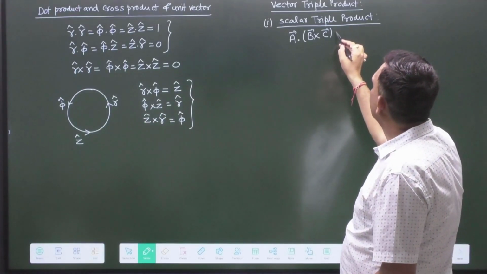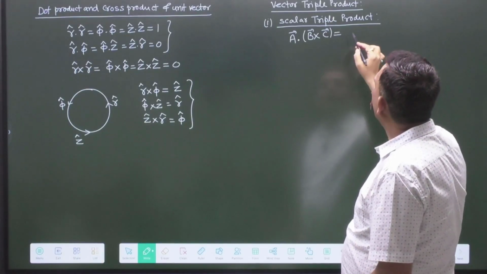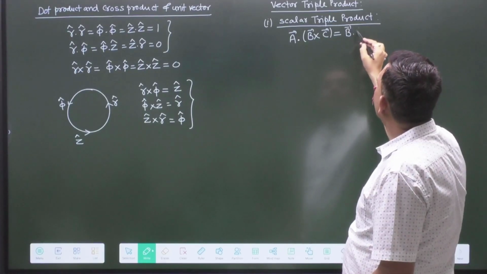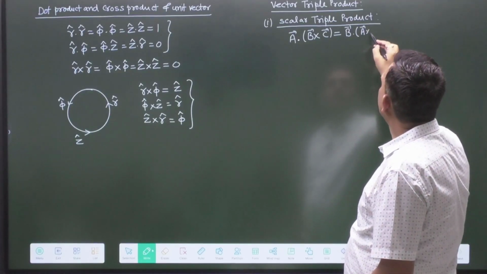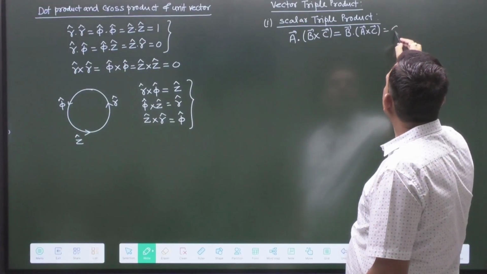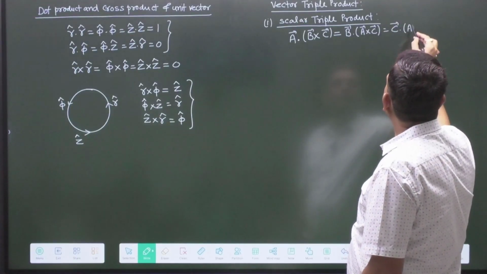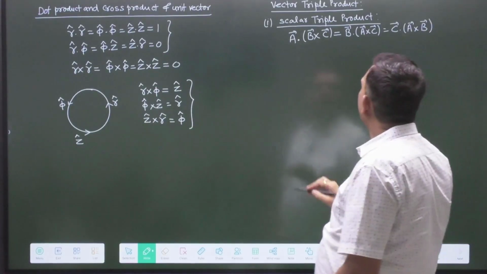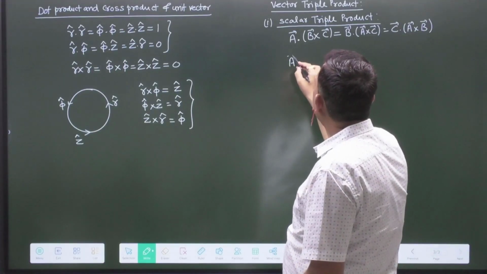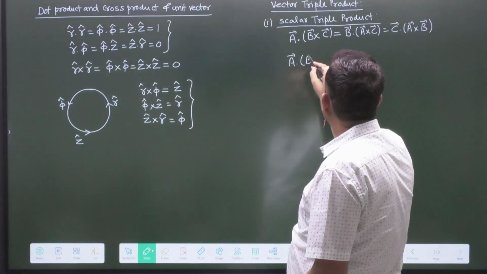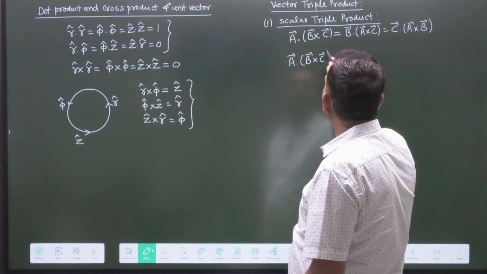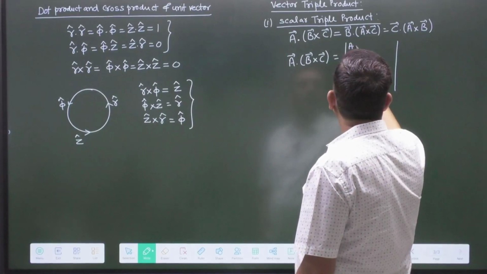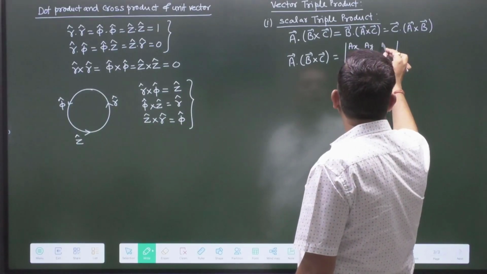So this is given by A dot B cross C. And for calculation purposes, in component form, you have to use this determinant, and here you have to write AX, AY, and AZ.